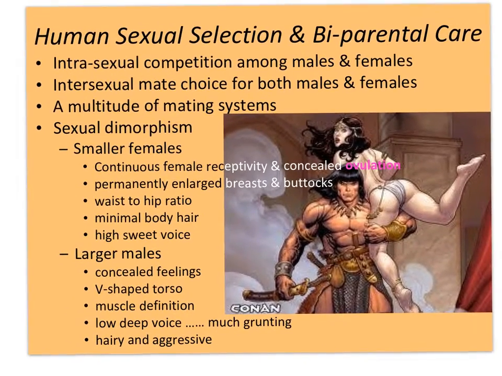Now, the thing is, there's all different kinds of mating systems in animals and plants. The one we just saw is a male that mates with lots of females.